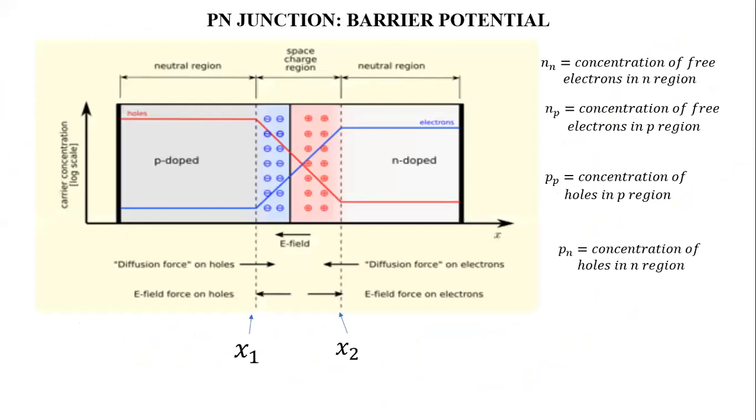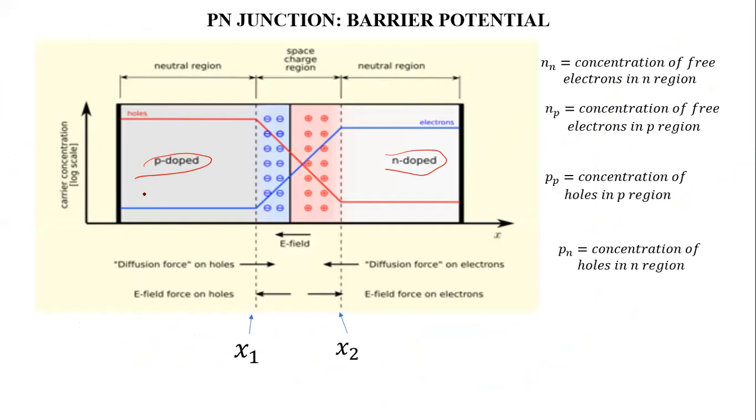Here, on the left side, we are writing p-type. On the right side, we are writing n-type. We know that the majority charge carrier in p-type is holes. The minority charge carrier in p-type is electrons.